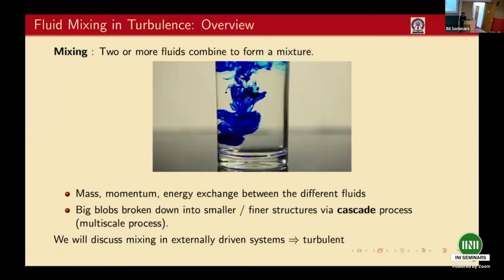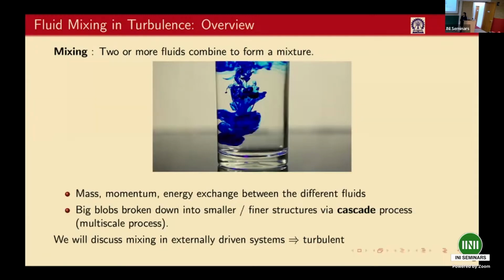Mixing, as you all know, happens when two or more fluids combine to form a mixture. Now, there are many interesting processes which take place. For example, there are mass, energy, and momentum exchanges during mixing.